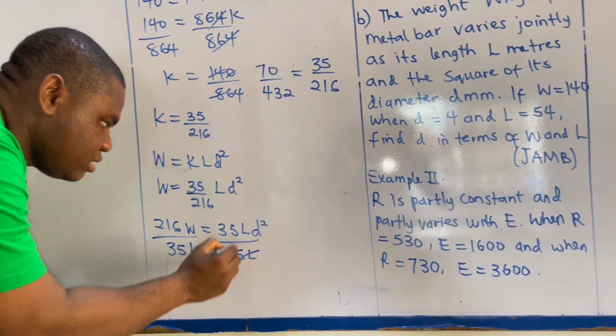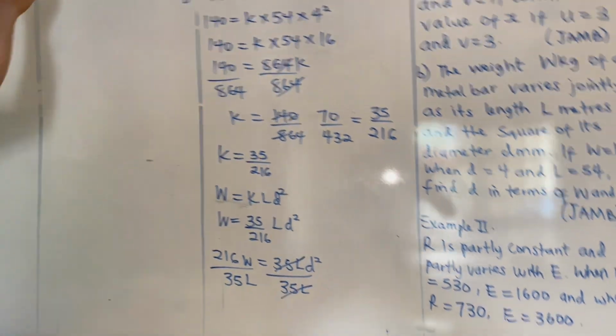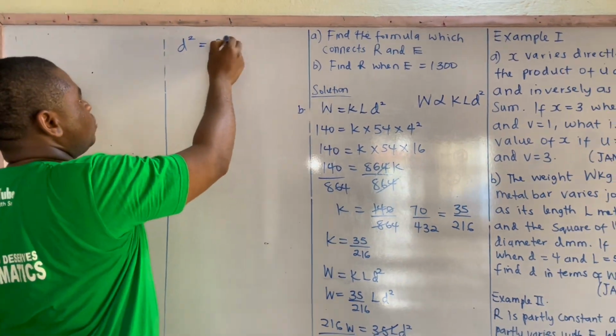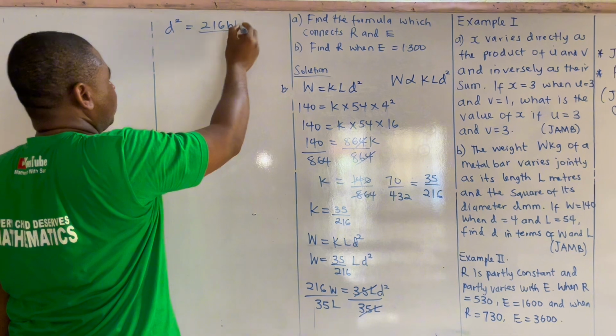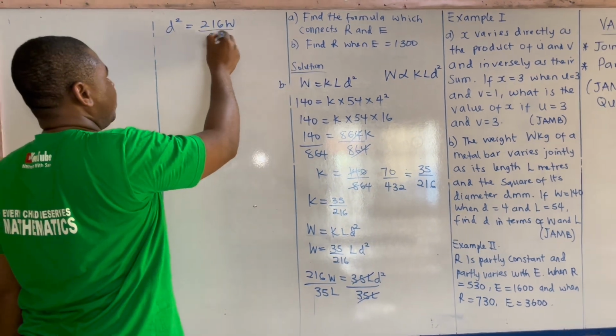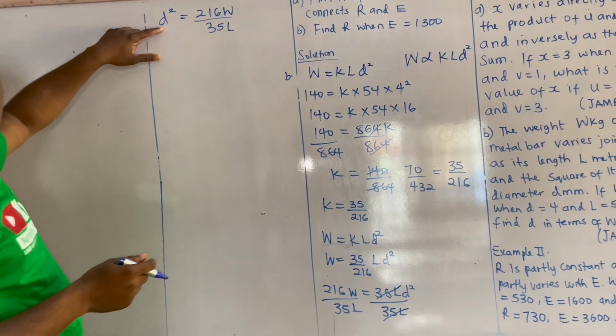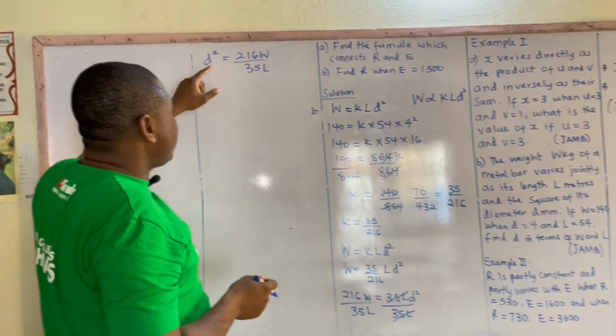35L. So this is all. So I will now be left with D square is equals to 216W over 35L. Now in this case, we are looking for D, not D square, so we are going to find the square root of both sides.